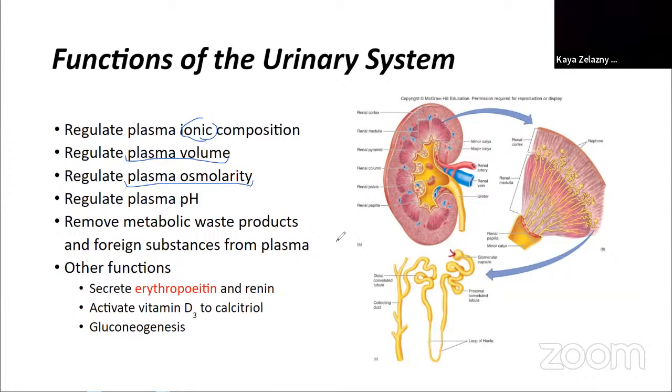Way back in A&P 1, we talked about gluconeogenesis. We talked about how your body can make new glucose when you don't have glucose actively coming into your body, like in our post-absorptive state, so that we can feed it to nerves, basically. So that's also happening in the kidney.